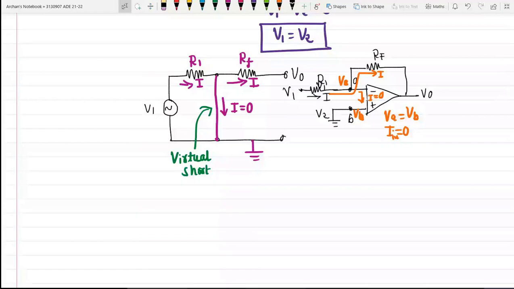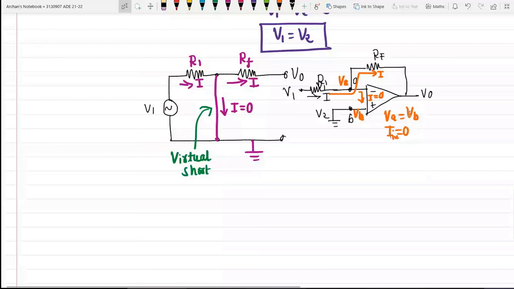That is what we have done over here: the input current we have assumed is 0, so the entire amount of current will flow in this particular direction. The second step is that the input terminals of the op-amp are always at the same potential. That is what we have considered here, VA is equal to VB. So if one terminal is grounded, the other can be treated as virtually grounded.